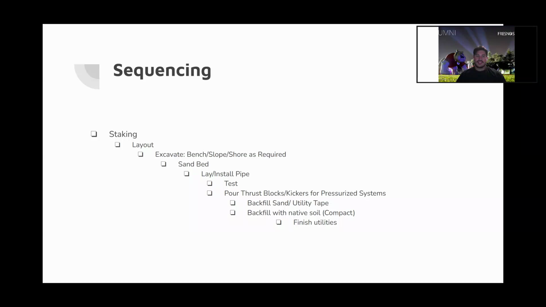And on the plan sheets it shows a sand bed, installing the pipe, testing it, and then you're able to do your thrust blocks and then backfill, encasing it in sand, backfilling with your native soil, getting that proper height of clearance before you're able to do your utility tape, and then you complete your backfill with soil, and you have to make sure it's compacted.